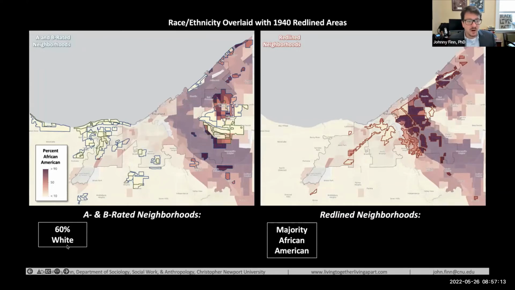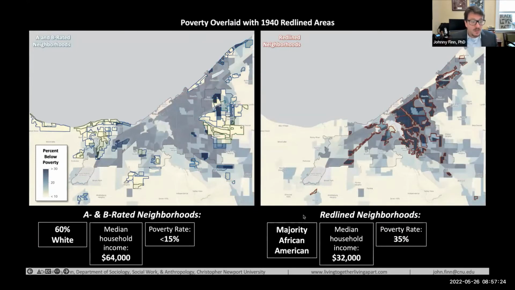Neighborhoods that escaped redlining are today majority white, while neighborhoods that were redlined are today majority African American. Household incomes are significantly lower in redlined neighborhoods, and the poverty rate today is more than double in neighborhoods that were redlined more than 80 years ago.